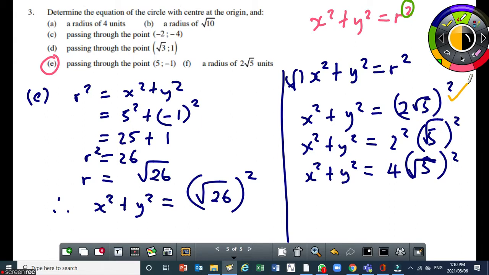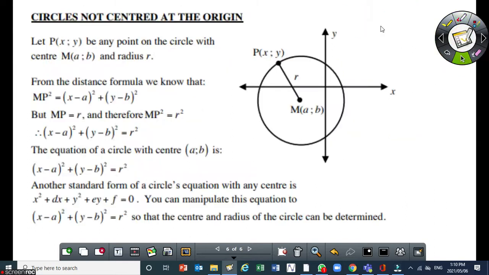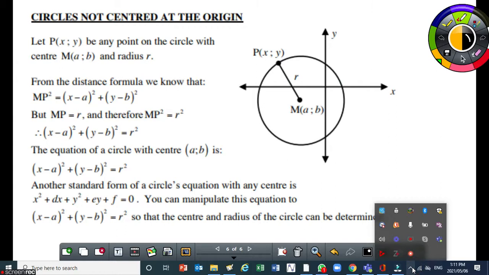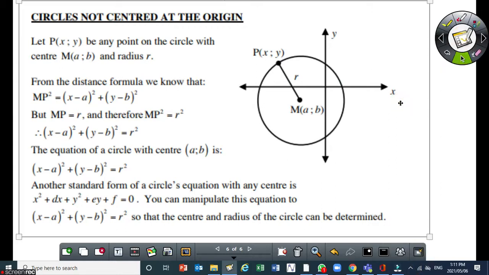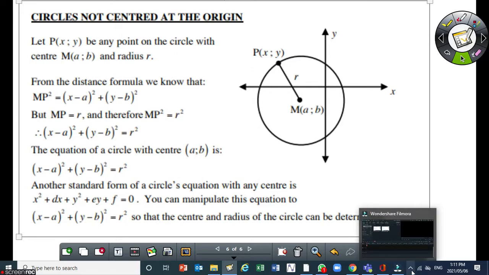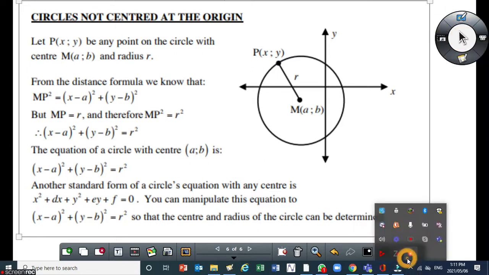Right, let's move on to the one where the center is not at the origin. If the center is not at the origin, that's the most common case.